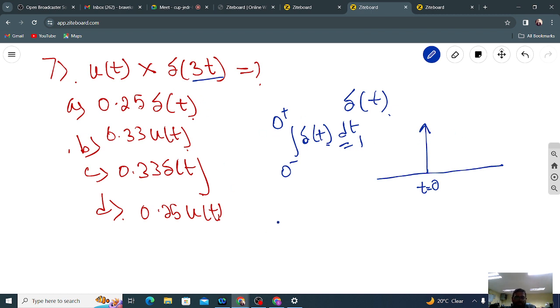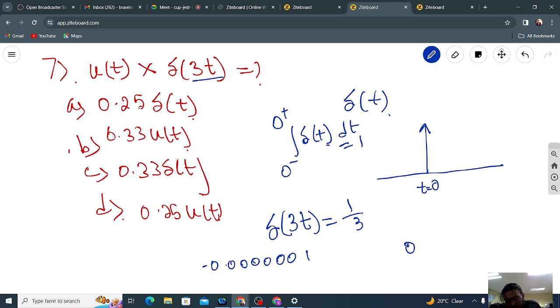From the scaling property, delta of 3t has the same amplitude. For delta t it is in a tiny range from minus 0.00000001 to 0. As a physical intuition, in this range 3t becomes 3 times that.